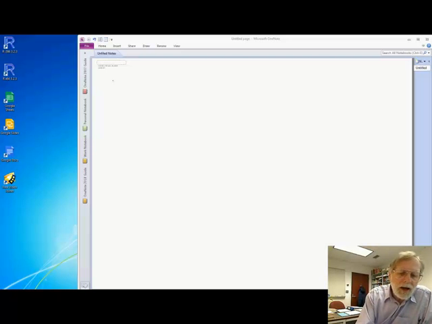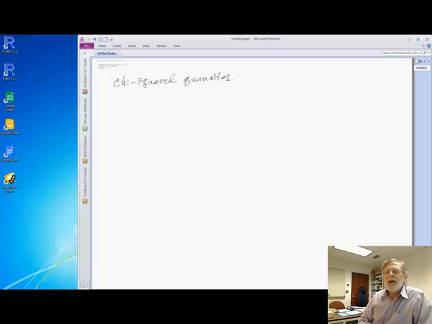So how do you get chi-squared quantiles? I had a lecture question which asked you to find a specific quantile, and I kind of let you work on that on your own.